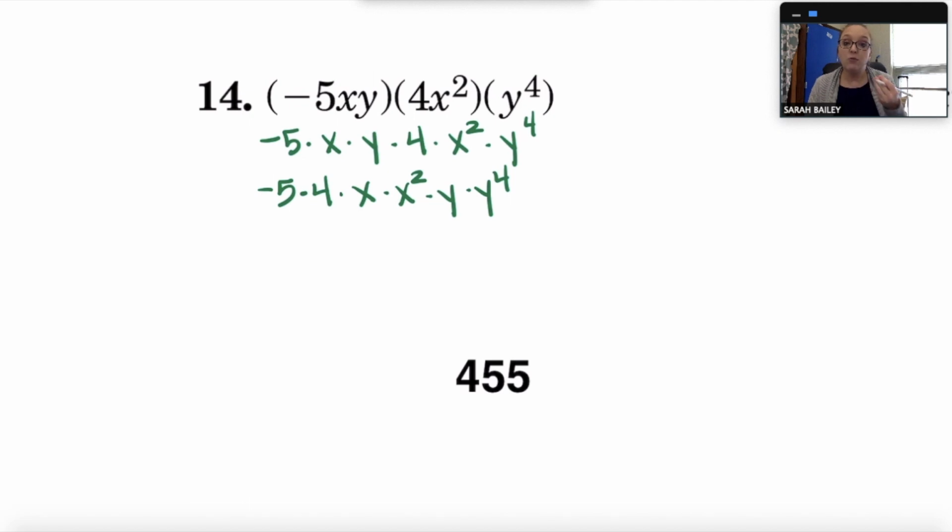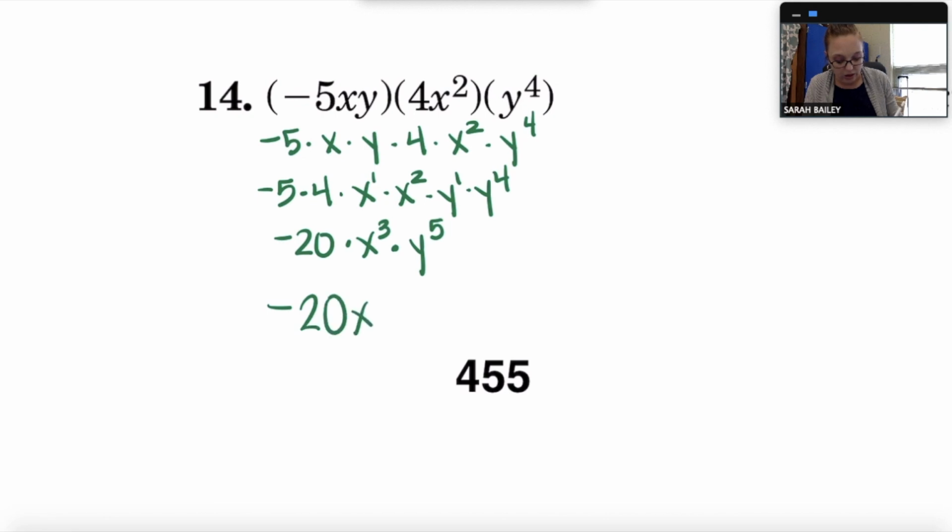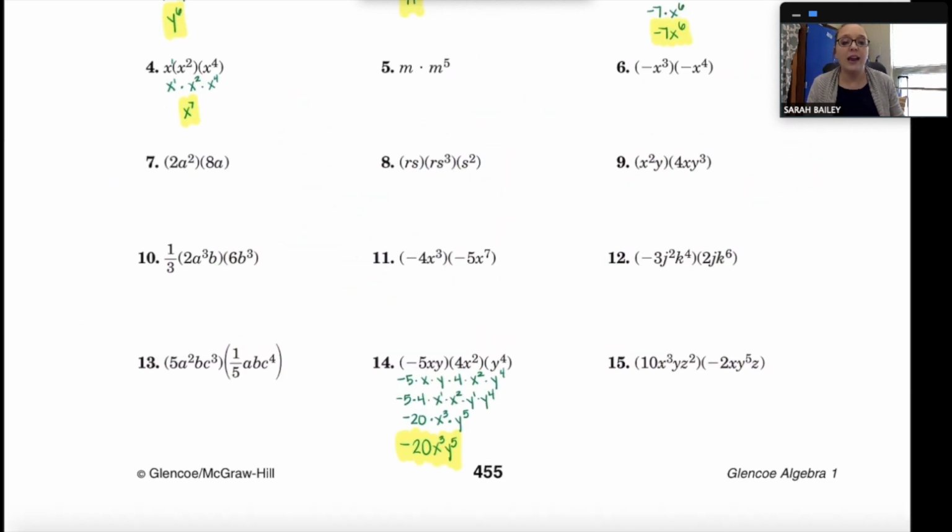So if I'm doing negative 5 times 4, that's negative 20. X times x squared, remember that's the same as x to the 1st, so that would be x cubed. And y to the 1st times y to the 4th would be y to the 5th. So my final answer will be 20x cubed y to the 5th. I'm sorry, negative 20.